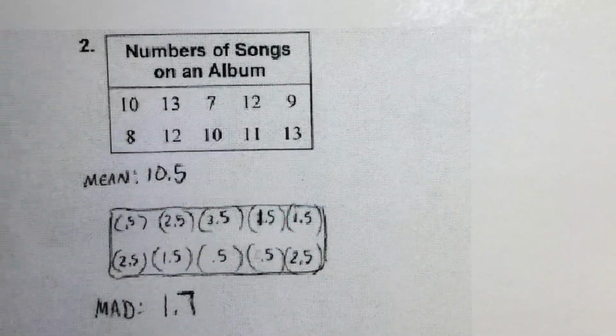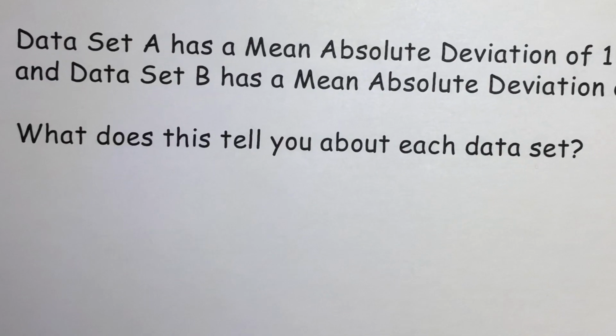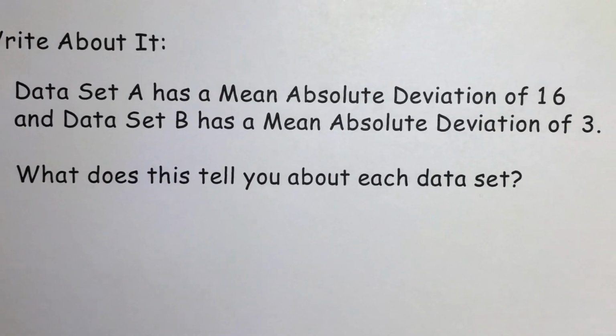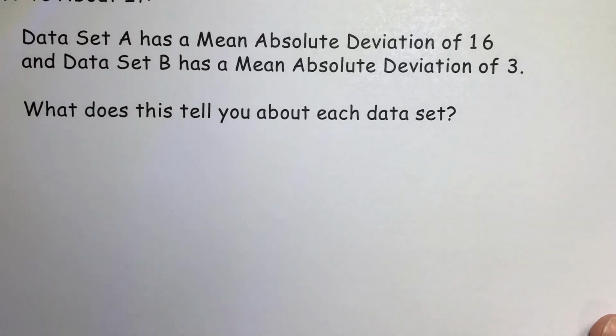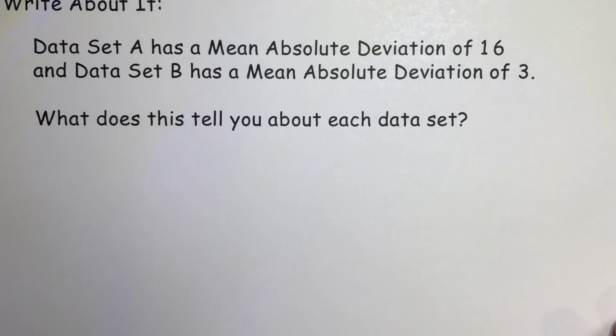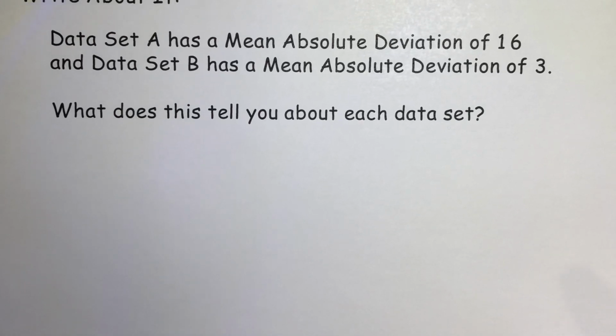But when it's all done, we found the average of the deviations, and that's what gave us our mean absolute deviation. So we're going to do an example here where we're just thinking about this information. It says that data set A has a mean absolute deviation of 16, and data set B has a mean absolute deviation of 3. What does this tell you?